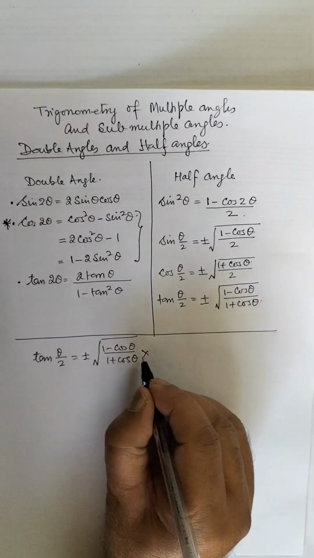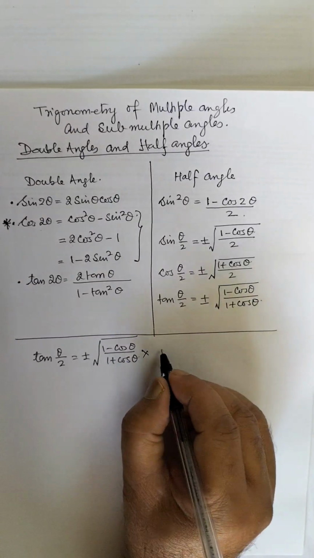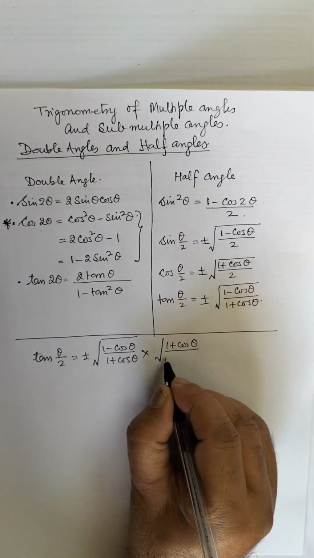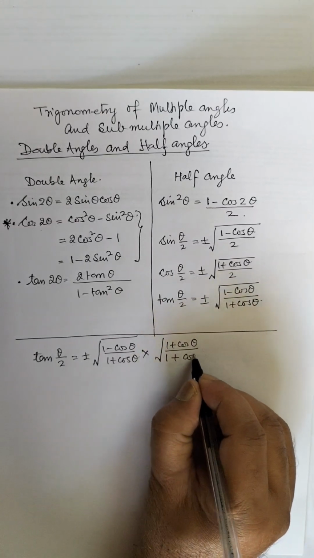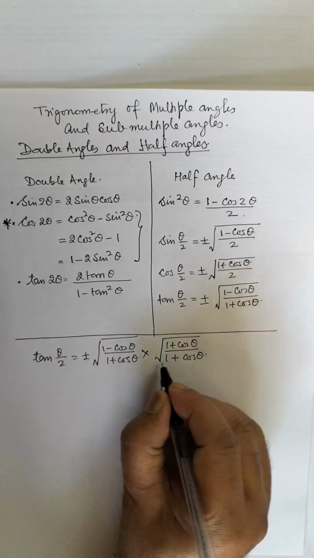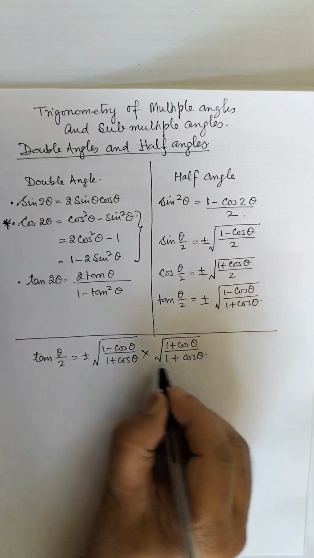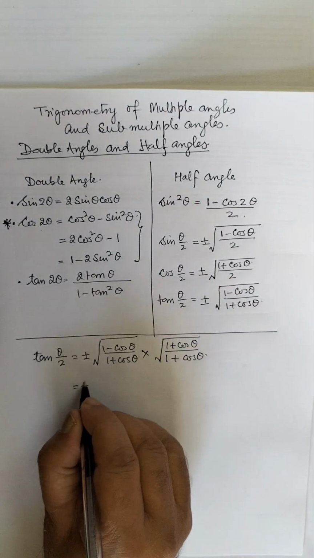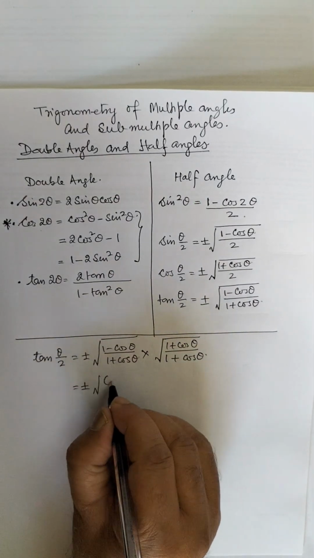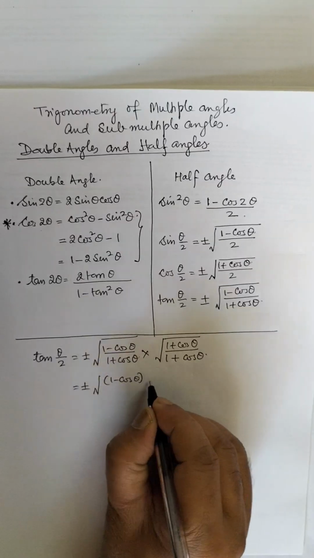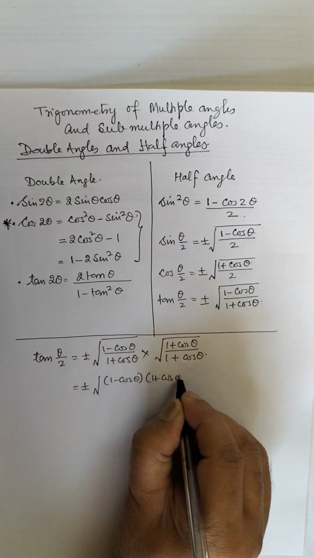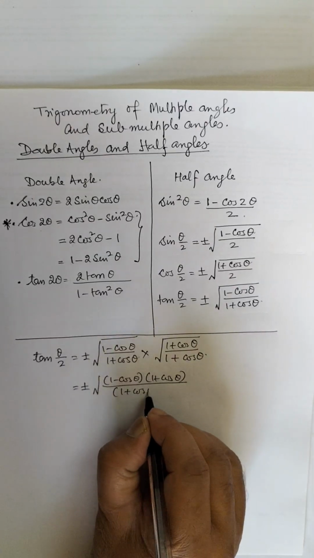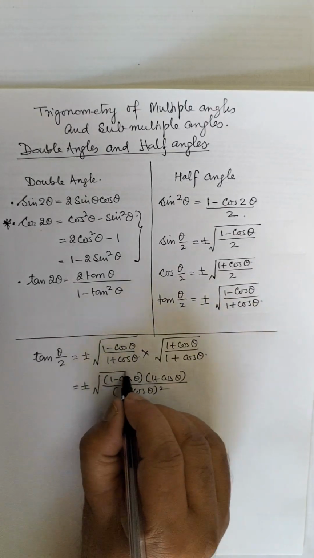Now if I multiply numerator and denominator by under root of 1 plus cos theta and 1 plus cos theta, I have multiplied and divided, that is without making any change because this cancels, it's 1. So this will become plus or minus under root of 1 minus cos theta times 1 plus cos theta, and in the denominator we will have 1 plus cos theta the whole square.